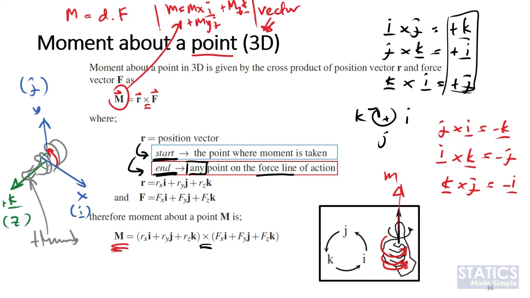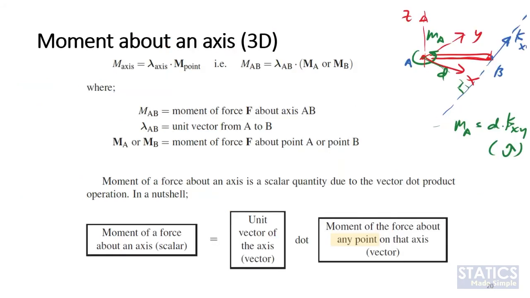Right? The moment will have a component along i, j, and k. All right? Since it is a vector. Moment about the axis will give you magnitude. Okay? It will give you magnitude.